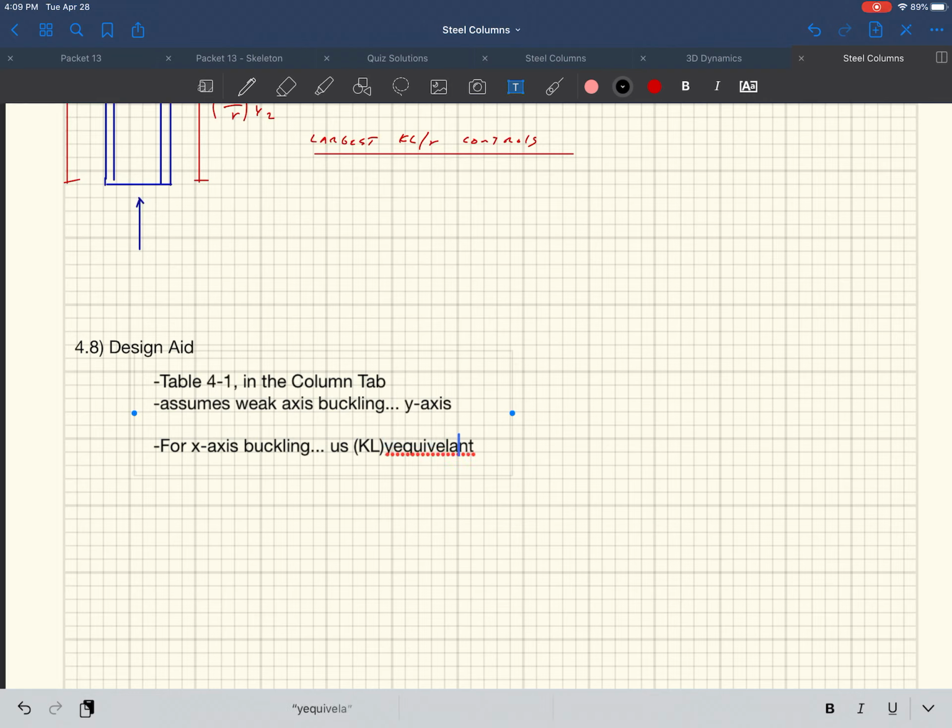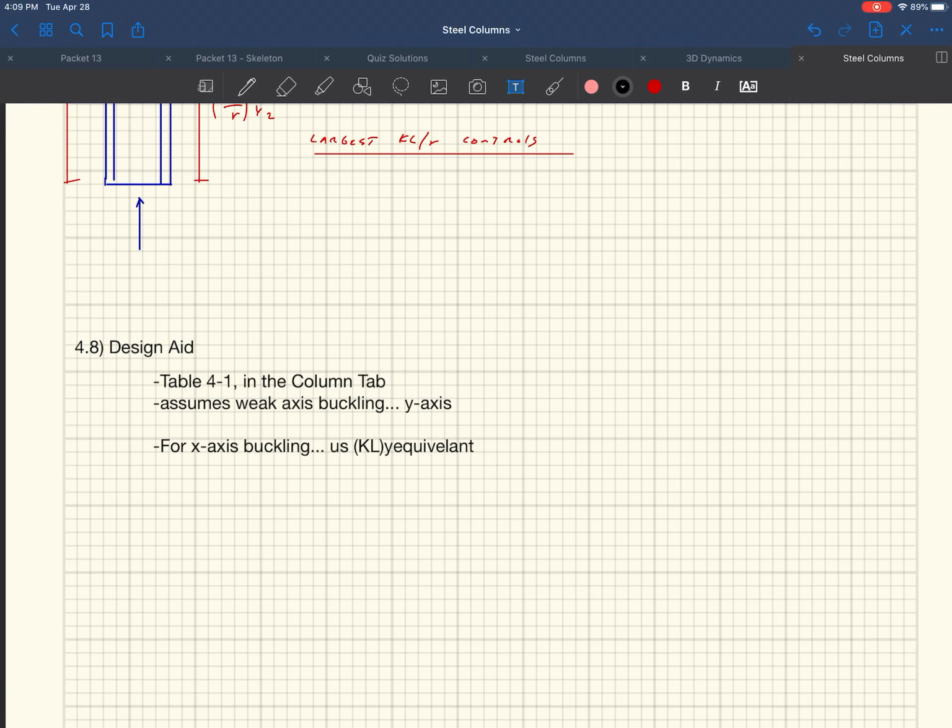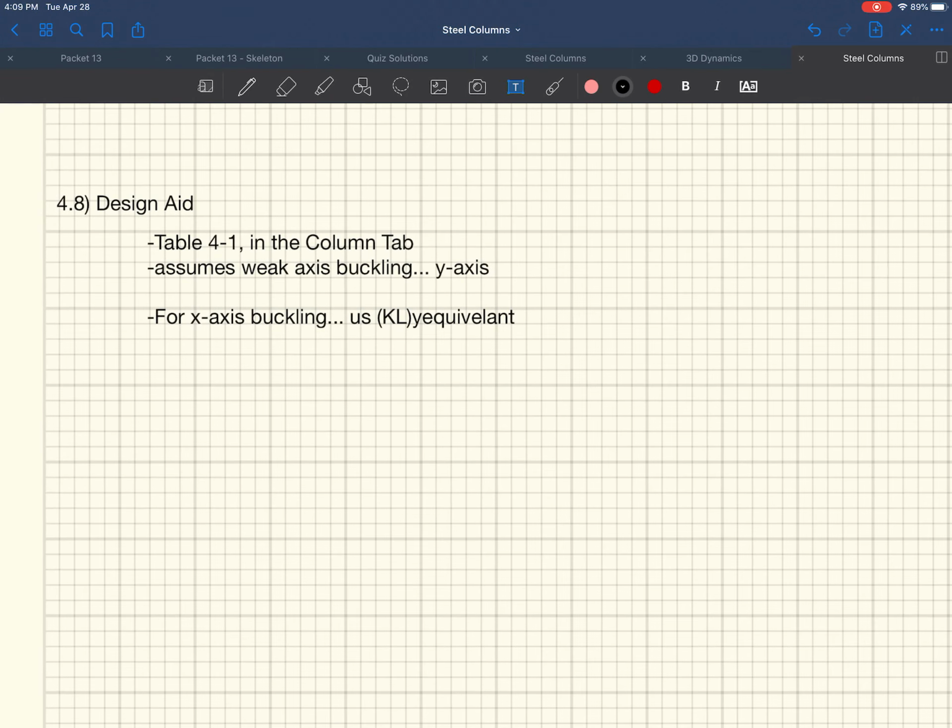And we'll explain what that is in a second. It's just a way of using that table for the strong axis. You use the same table, but you come up with another way of getting an equivalent KL for the strong axis. And how you do that is this: you say KL equivalent.